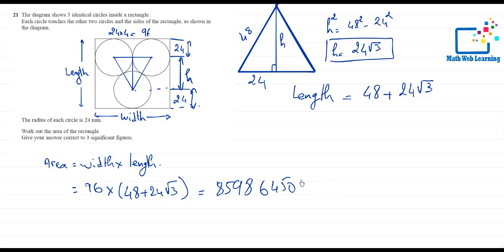8598.645061. I left the decimal point somewhere after the 8. That should be there. And of course the unit we're using is millimeter squared. Now we need to give our answer to 3 significant figures. So let's count 1, 2, 3. That's the 4th significant figure, so it's more than 5. So this one has to go up.